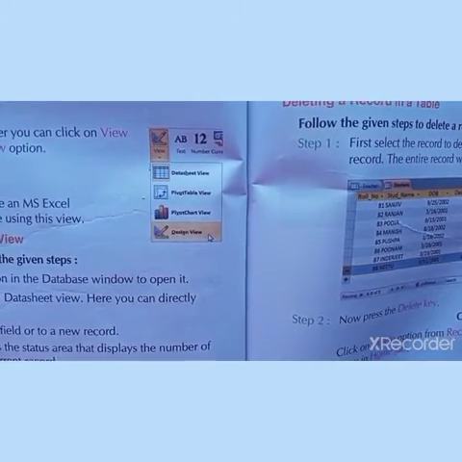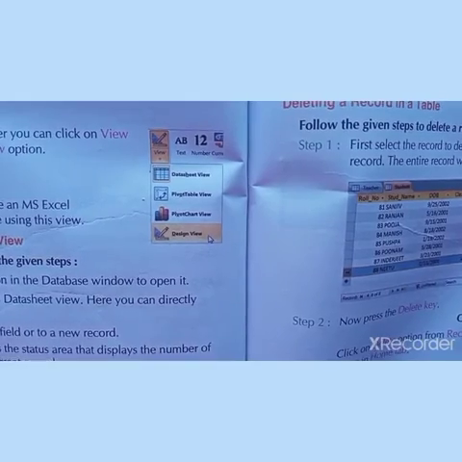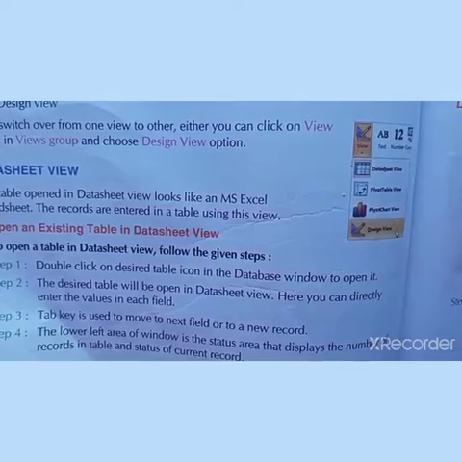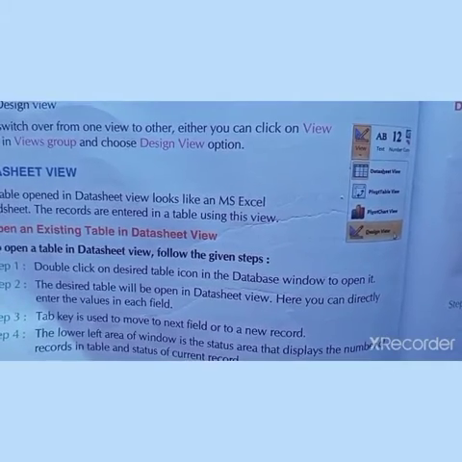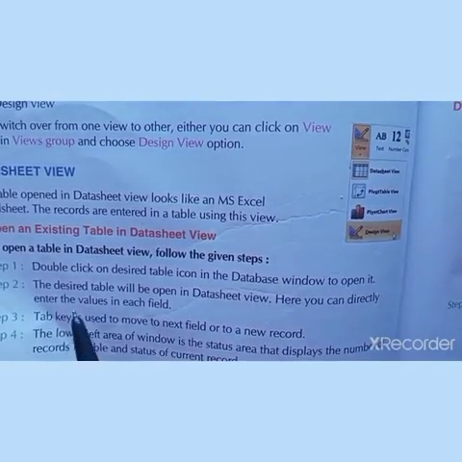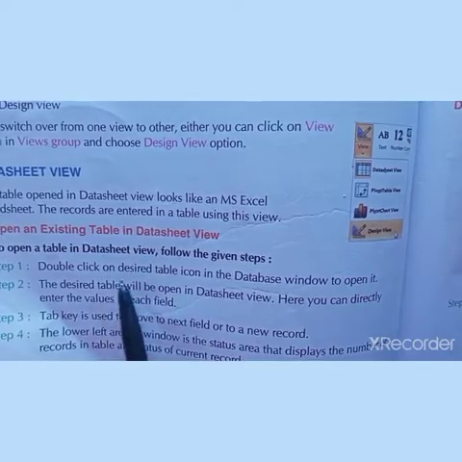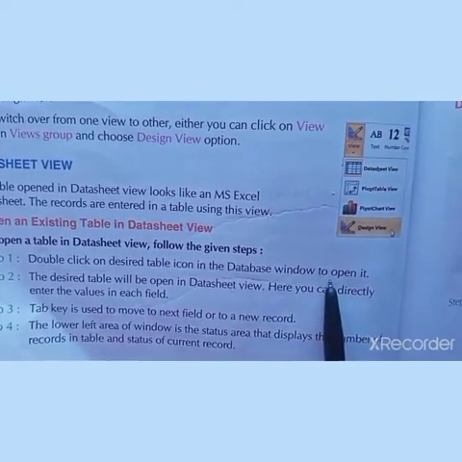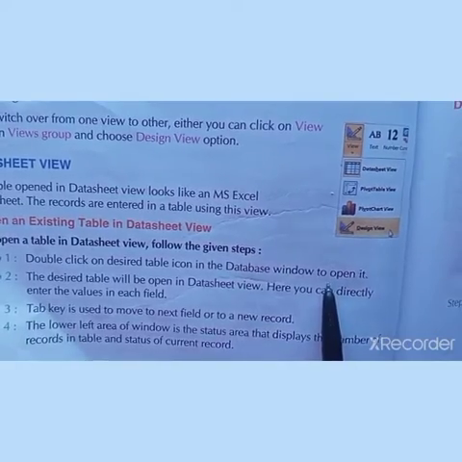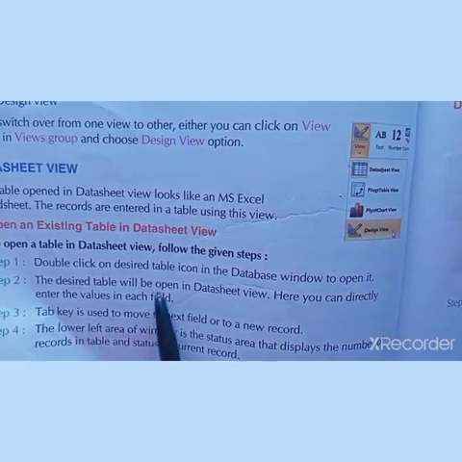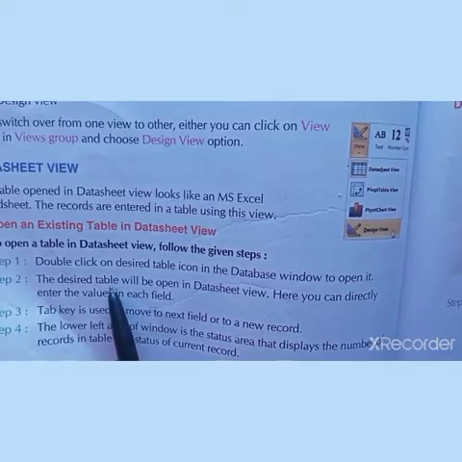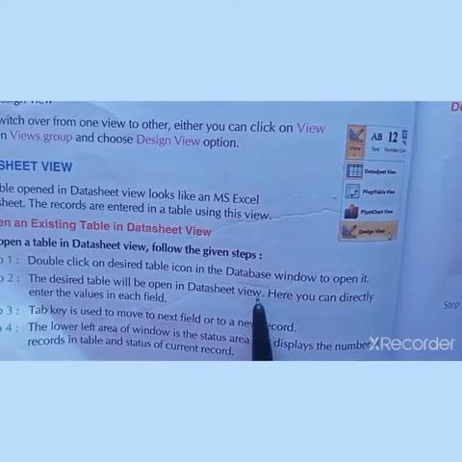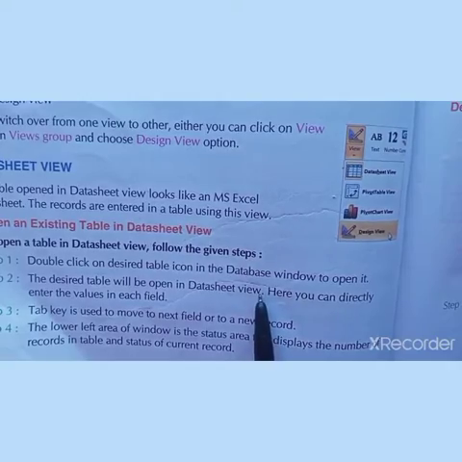Let us see how we can open an existing table in the datasheet view. To open an existing table in the datasheet view, we will double click on the tables icon in the database window that is shown on the screen. Then we will click on the desired table in the datasheet view, where you can directly enter your values.